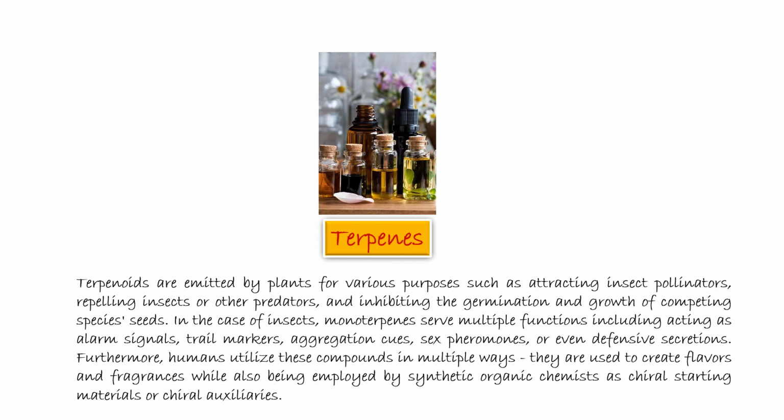Terpenes and terpenoids are naturally occurring chemical compounds found in plants and some animals. Terpenoids are emitted by plants for various purposes, such as attracting insect pollinators, repelling insects or other predators, and inhibiting the germination and growth of competing species' seeds.